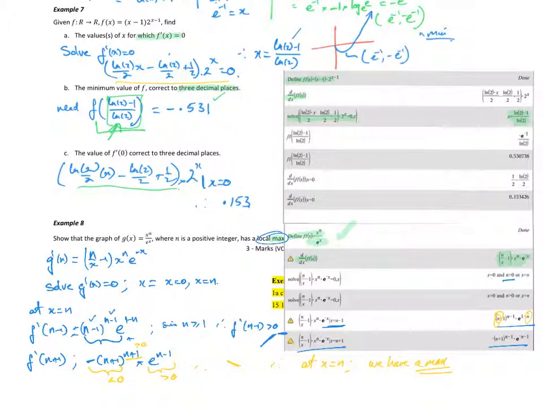We get the derivative equal to 0, which is what we did here. Solve the derivative equal to 0. All right, so that's where my stationary points occur. How do we work out if they're a maximum or a minimum? We check the derivative either side of that stationary point. So if x is equal to n, a number to the left is n minus 1, a number to the right is n plus 1. All right, so look, have a go through that next example and see how it comes out for you.